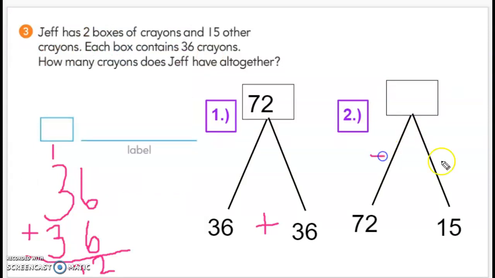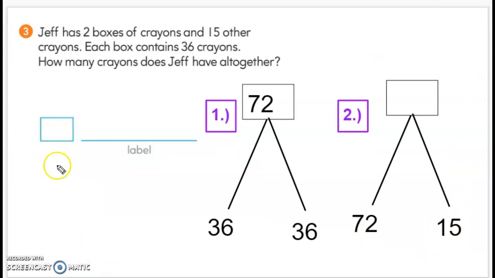If I add my minus and my plus, we know that in order to solve this, we're going to do 72 plus 15 equals our unknown. So let's go ahead and do it on the side. 72, 15, make sure your 1s and 10s are lined up, equals, plus, start in the ones cup, 5 plus 2, 5, 6, 7.